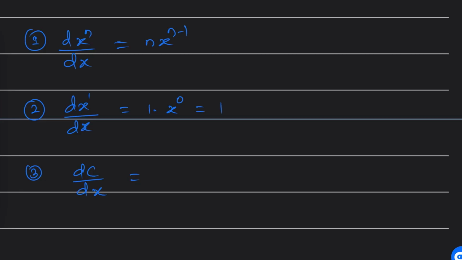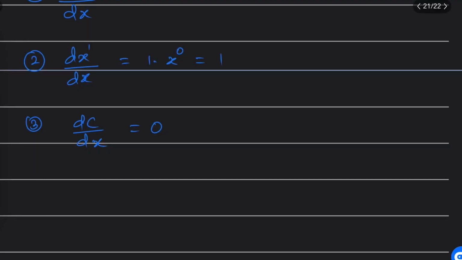Let's say a, differentiation of a with respect to x is 0. Differentiation of b with respect to x is 0. Differentiation of 1000 with respect to x is 0. Anything which is not linked with x, which does not have x, will be a constant, right? Examples we will discuss, but I am discussing the formulas. Differentiation of a constant with respect to x is going to be 0.